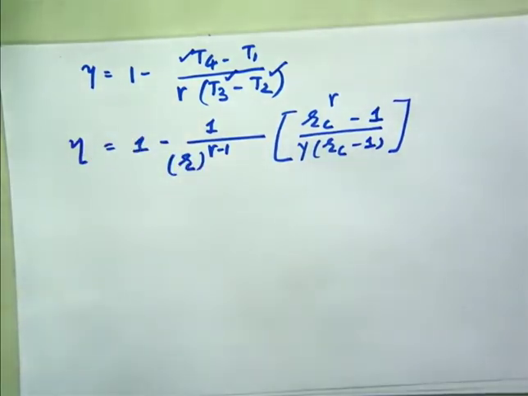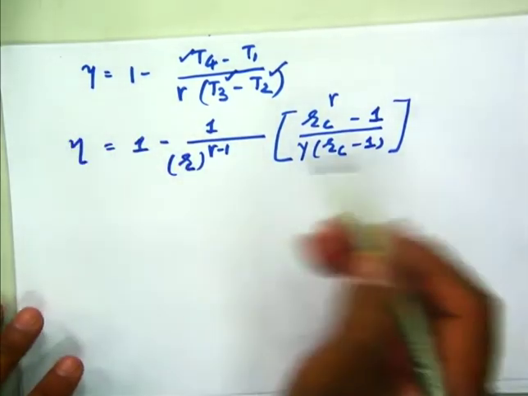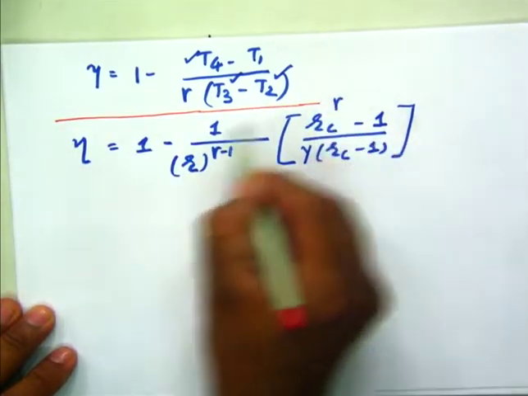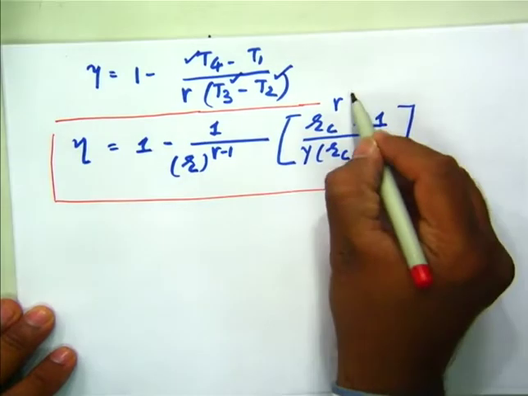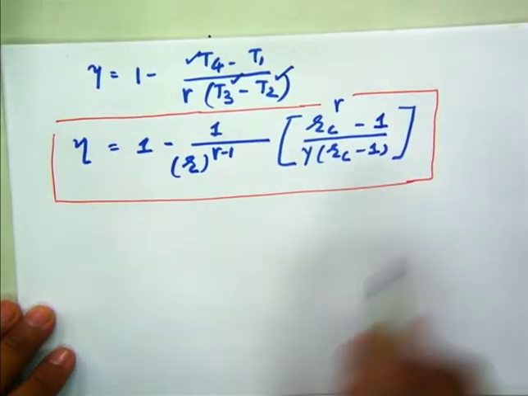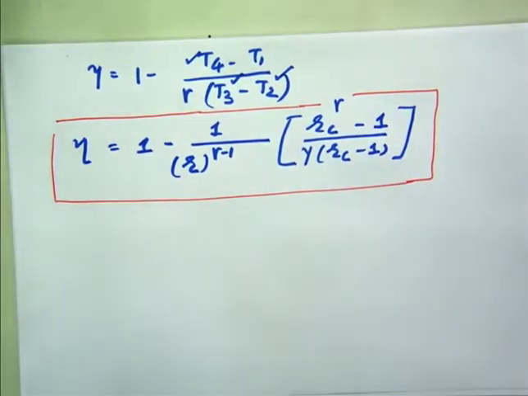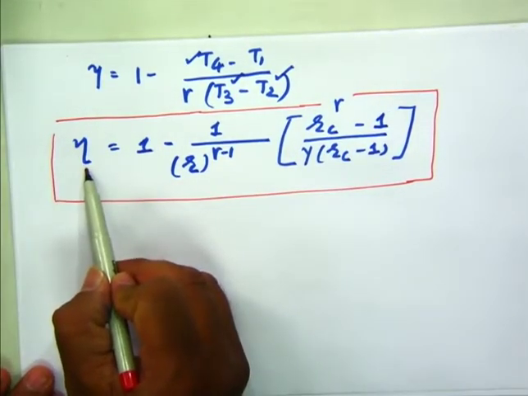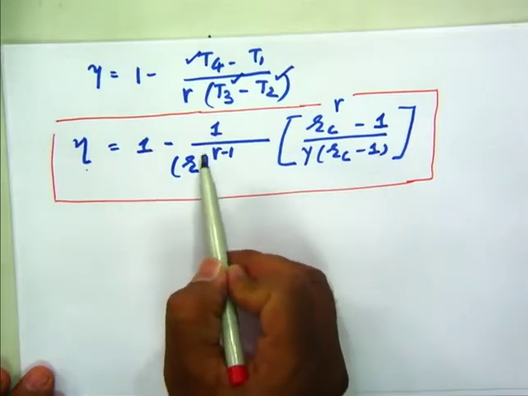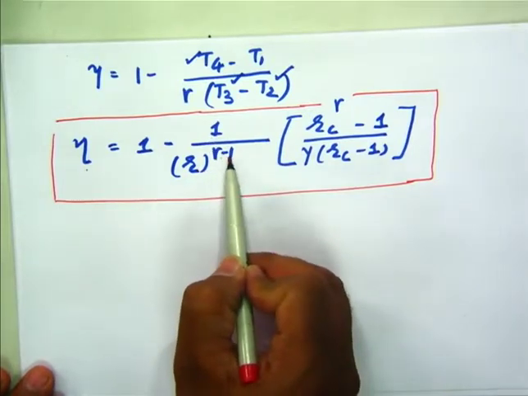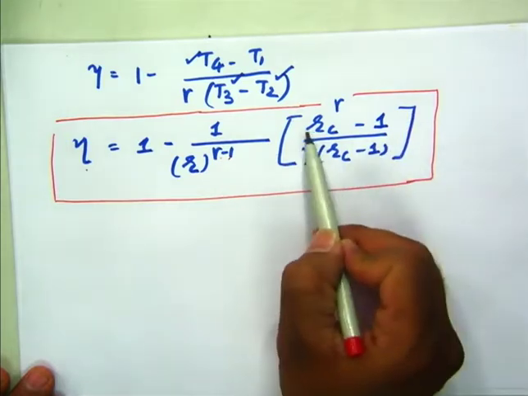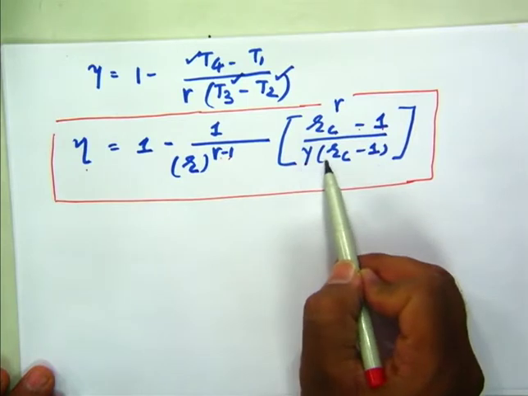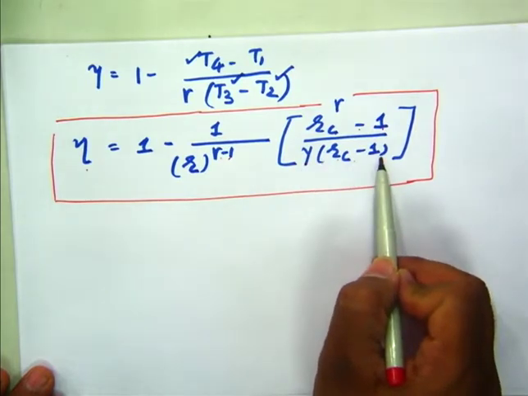This is the equation of efficiency for the diesel cycle. Once again, the cycle efficiency is equal to 1 minus 1 upon r raised to gamma minus 1 into rc raised to gamma minus 1 upon gamma into rc minus 1.